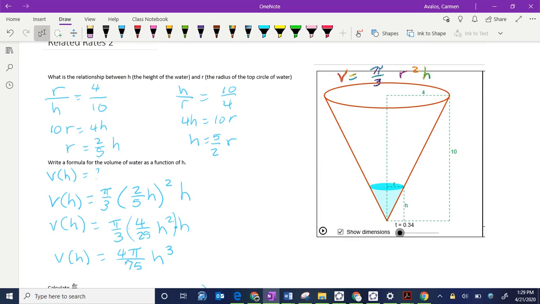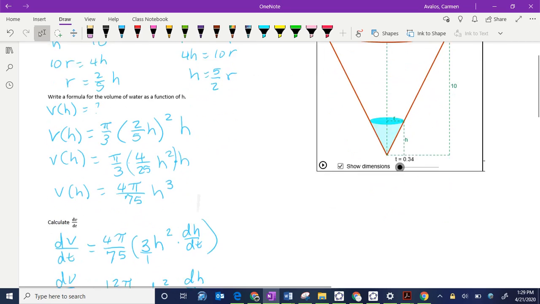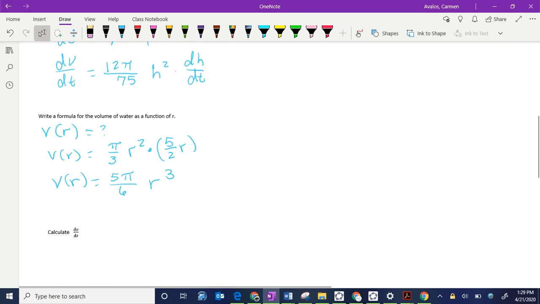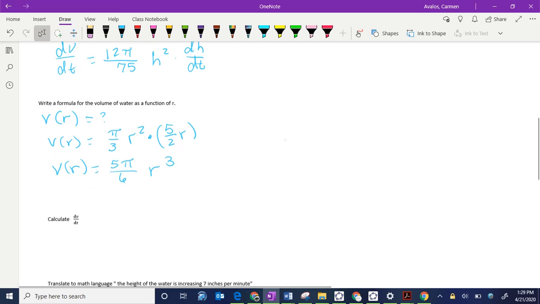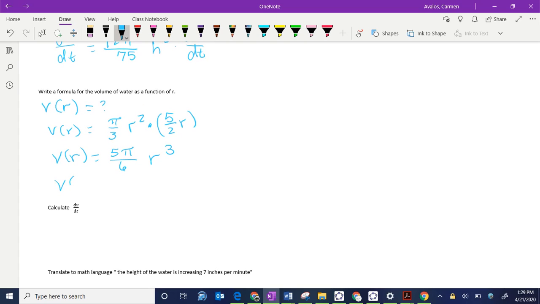So that's going to be 5/2 r, and that's h. We put that in there, and we're going to get a 5 and then 6. Okay, that looks good. That's all we really need to do there. That's what the volume is as a function of r. There's only r's, there's no h's.